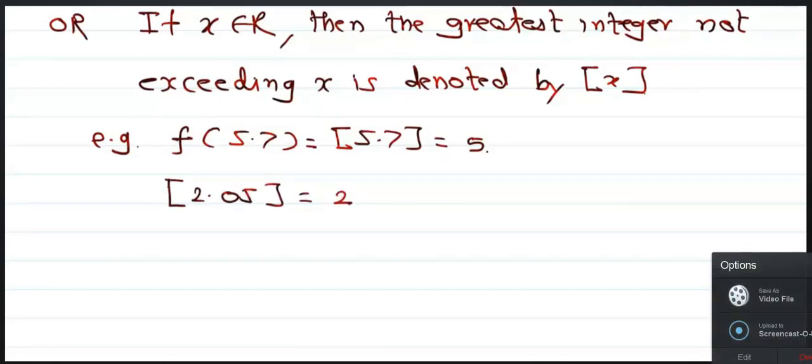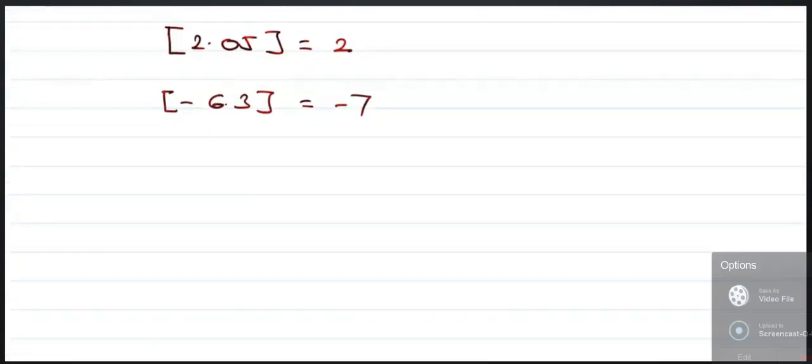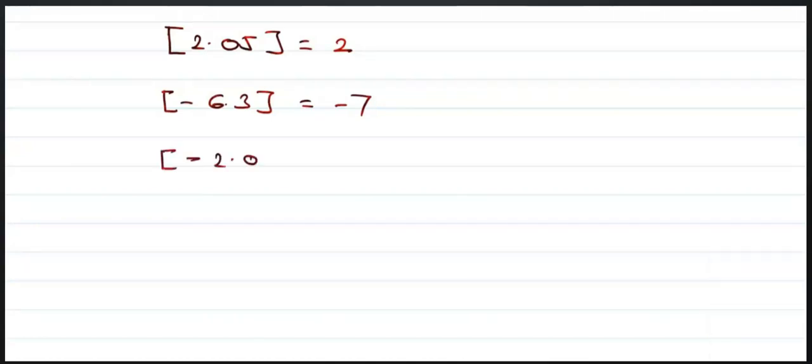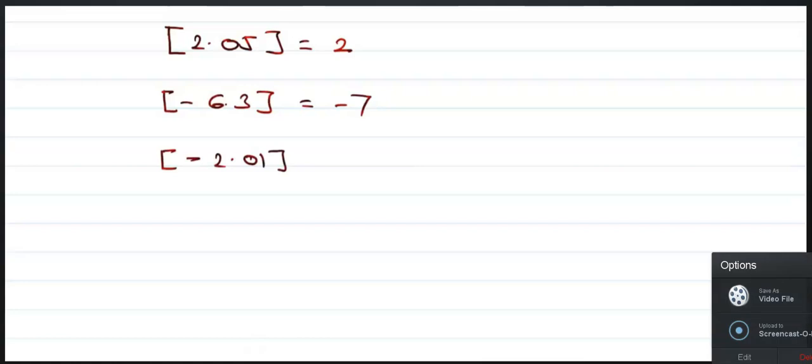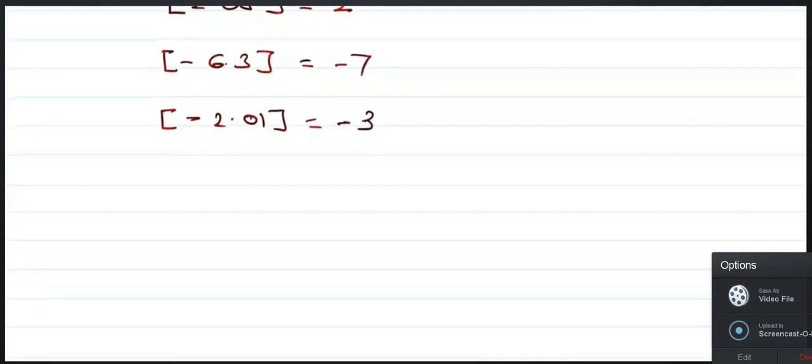Now, what is the greatest integer of 2.05? It is 2. Greatest integer of minus 6.7 is minus 7.